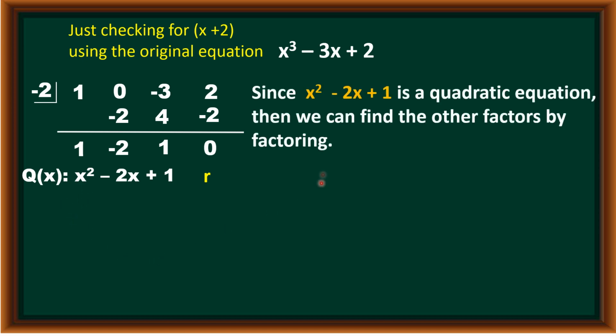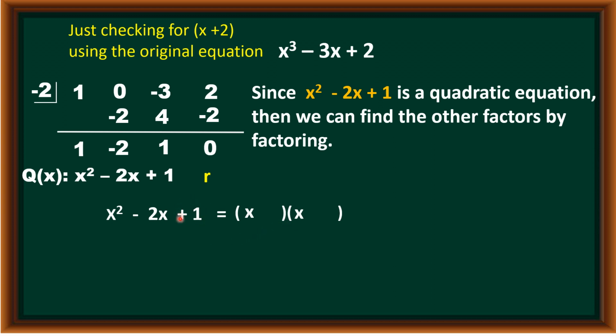Now, in here, since x squared minus 2x plus 1 is a quadratic equation, then, we can find the other factors by factoring, kung nare-recall niyo yung factoring nyo. So, paano nga ba yon? Di ba, dalawang binomial ang kailangan natin since quadratic yan? X sa una, X din dito sa first term.